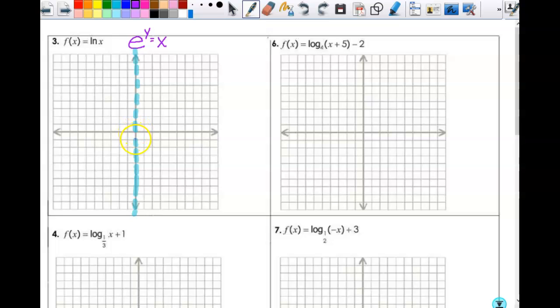When y is -1, what is x? 0.36. Very good. Yep, that's a number you have to know. We don't have time to discuss it. Already been there. All right, so when y is 0, what is x? 1. When y is 1, what is x? 2.7. There we go.